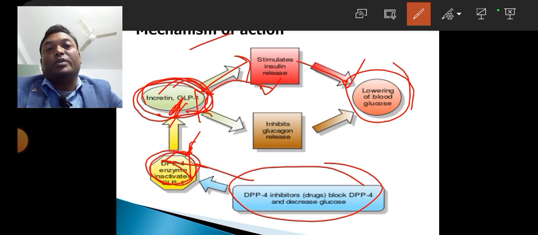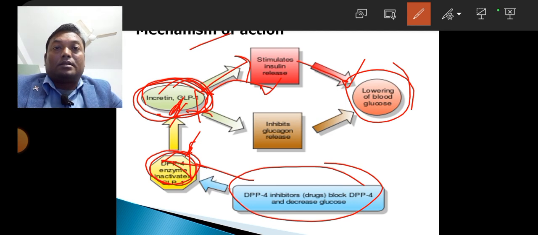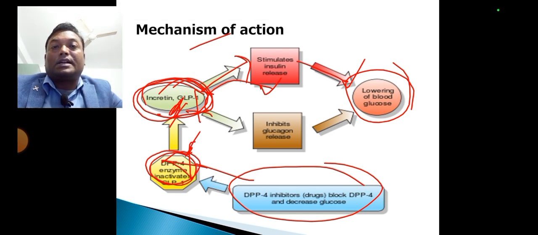That's why a DPP4 inhibitor is a very good drug. Apart from releasing insulin, DPP4 inhibitors also have cardioprotective and antioxidant effects, and are also very good for weight reduction. But they are never prescribed alone; always combine a DPP4 inhibitor with metformin or a sulfonylurea. So this is the exact mechanism of action of DPP4 inhibitors.